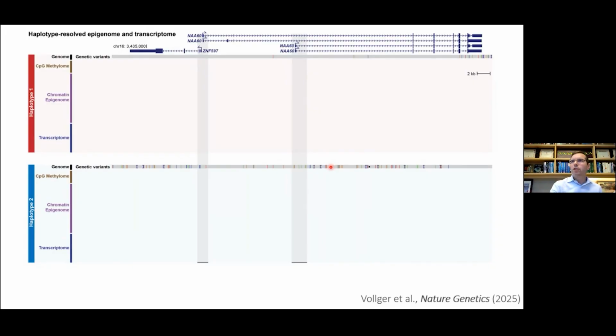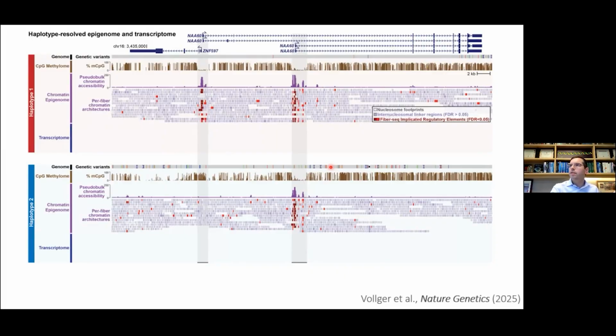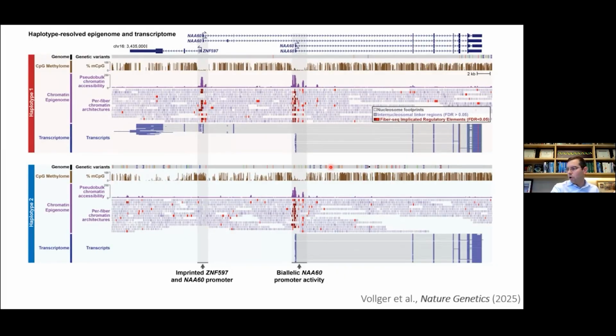But once you layer on the CpG methylation information, the chromatin accessibility information, as well as the long-read transcript information, you can start to appreciate the rich differences between these 2 haplotypes, not just in their sequence, but the functional output that they have within these cells, really highlighting the power of using this multiome approach, especially a long-read multiome approach, to resolving the mechanistic basis of how genetic variants are being interpreted within the cell.